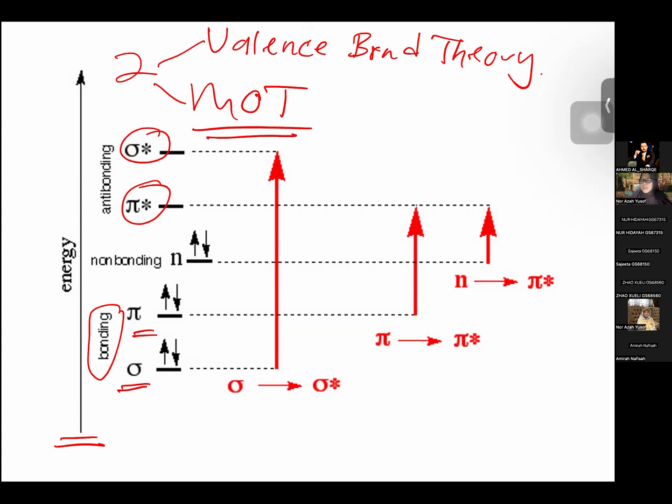What does unsaturated functional groups mean? It means the compound has a double bond, at minimum, or triple bond. The electron is freer to move compared to the saturated compound with single bonds, so you can see the transition of electron here is much more common.